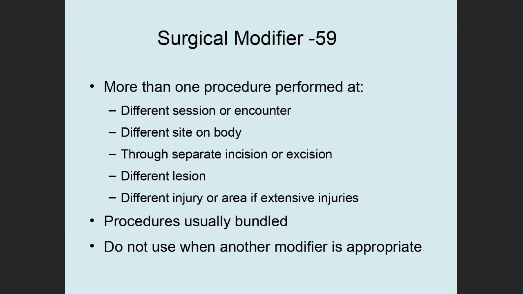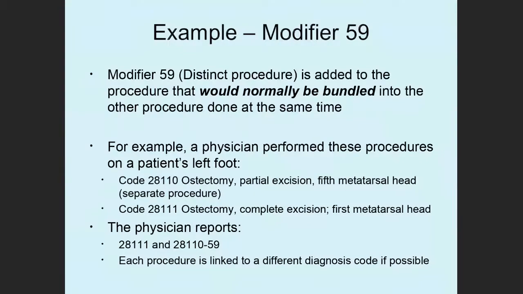These are added when a procedure is usually bundled, but in this case you're saying, no, wait, don't bundle these, to the insurance company's computer. Now, if there's another modifier that would work better, that would also be appropriate, use that one instead. And we'll talk about that in a minute too. So here's an example.